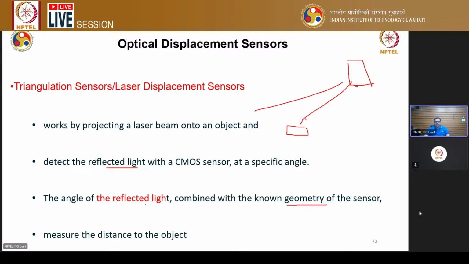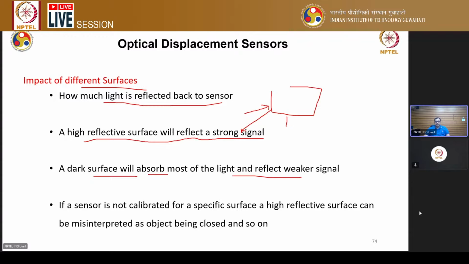If a sensor is not calibrated for a specific surface, a highly reflective surface can be misinterpreted as the object being close, because the signal you are receiving is strong. The sensor may read that the object is nearby.